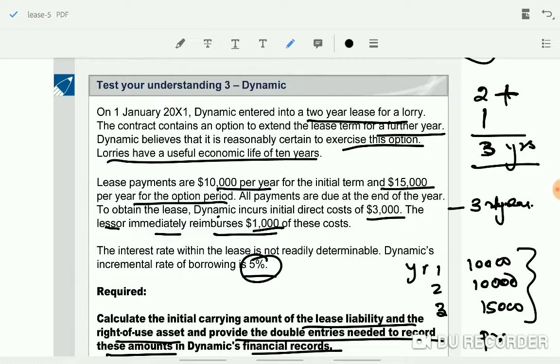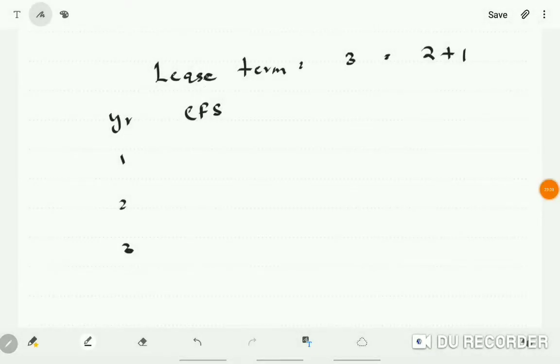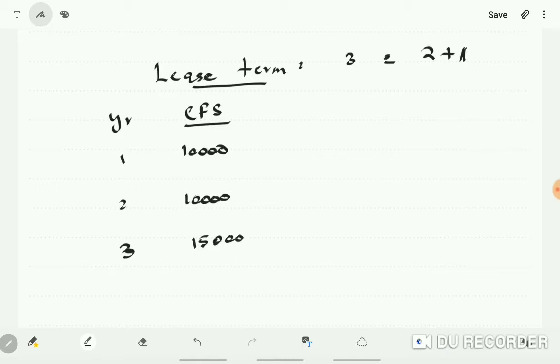So that should be added to the asset. Yeah, now we'll do the workings for this. See, the overall lease term is 3 years. That is the first 2 years plus 1 year. 1 year is the period to extend the lease contract. Option to extend the lease contract is 1. Over these 3 years, the lessee has agreed to pay in the first year $10,000, second year 10,000, and in the option or extension, the 3rd year, he agrees to pay 15,000.